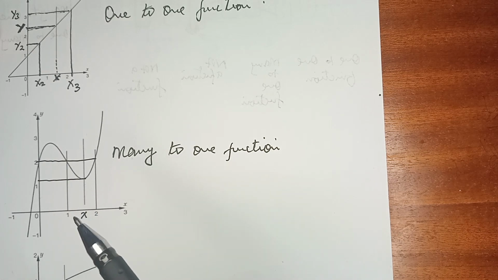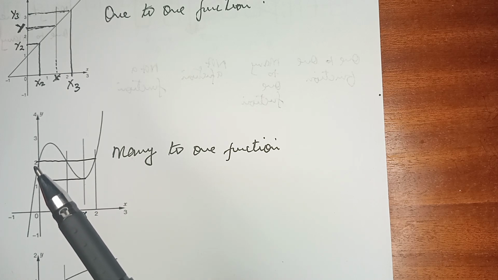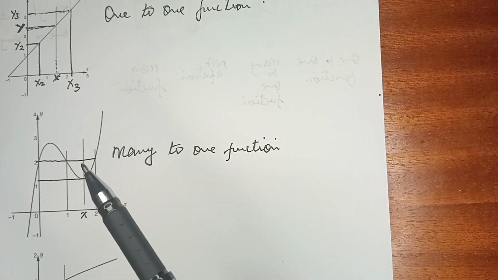So you can see that these are two inputs giving us one output. It means it is a function, but this time it is a many-to-one function.